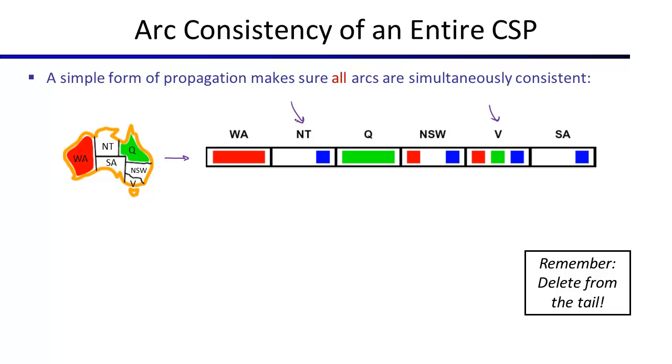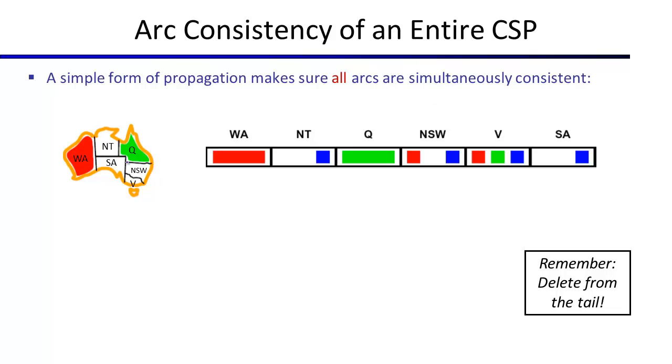So, among other things, if we were following the minimum remaining values heuristic, we should work on NT and SA and not on V. That actually makes sense over here, because NT and SA are in the part of the graph we're working on, and V is off unconnected. But setting that heuristic aside, let's take a look at what arc consistency does.